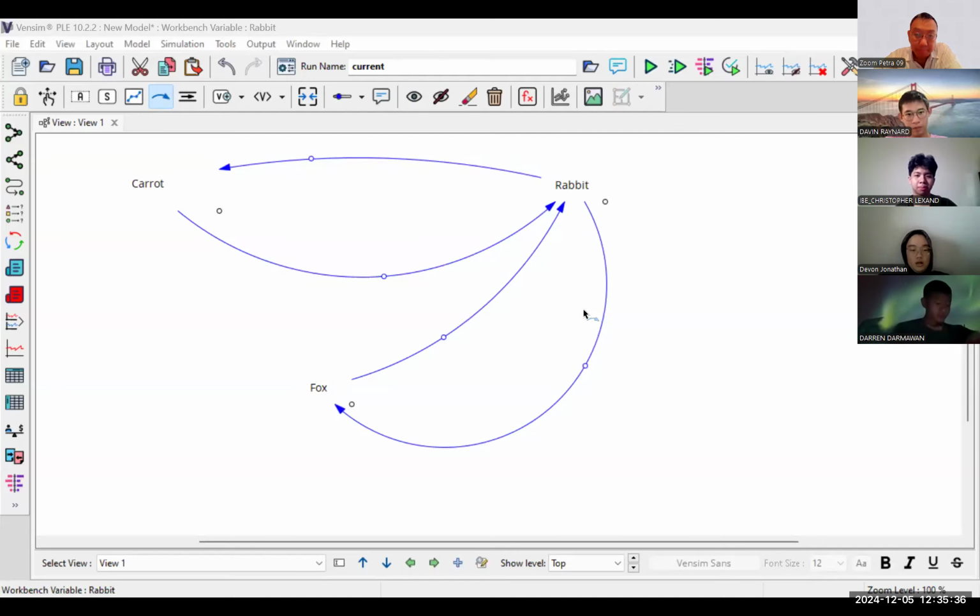So basically, sir, our idea for the next semester is we will try to make it into a game. Let's say, for example, we live as a rabbit. Our main objective is to explore the world to find carrots, and the carrot will make us bigger. But we should also avoid the fox.